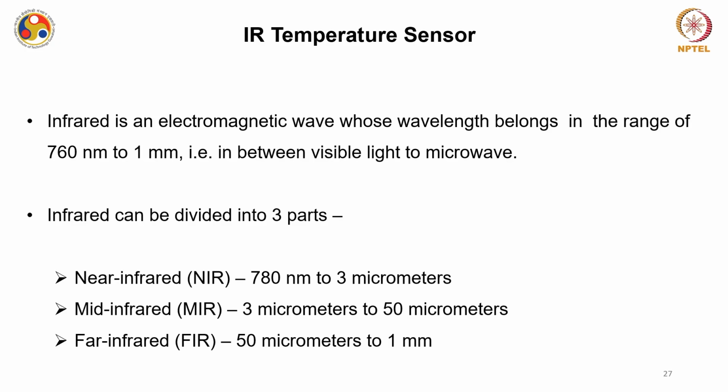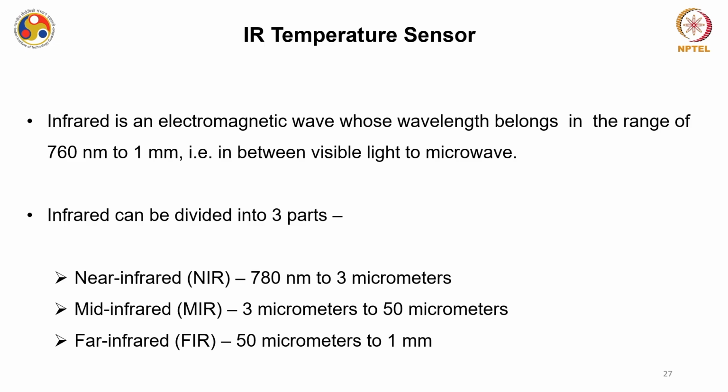And the broad division of infrared is just on 3 parameters, in 3 different types: near infrared, mid infrared and far infrared. The other things that we have seen, short wave infrared, mid wave infrared and long wave infrared, can be another kind of classification. So we should not worry much about this.